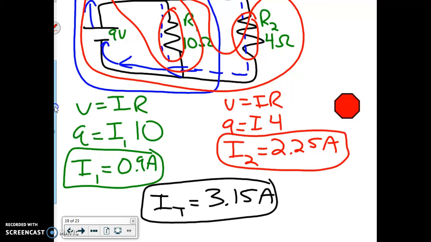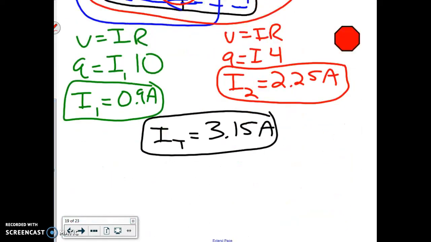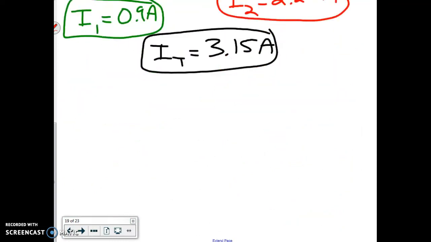Now, this leads us to the last question here. What is the total resistance? As I mentioned to you guys, you can use the new equation, and we'll do that way first, just so that we can say that we tried it. 1 over RT equals 1 over R1 plus 1 over R2.